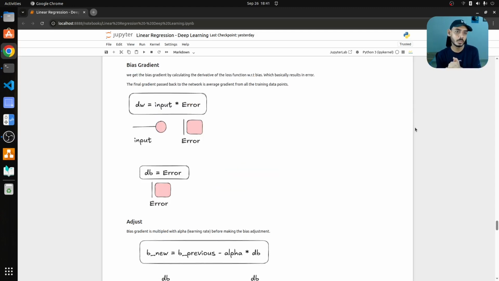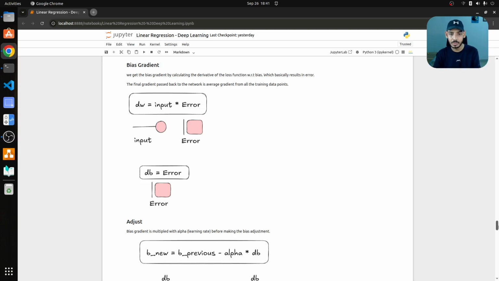So now let's talk about the bias gradient. We get the bias gradient by calculating the derivative of the loss function with respect to bias. Earlier it was with respect to weight. Unlike the weight gradient, where we used input into error, for bias we just take the error value.